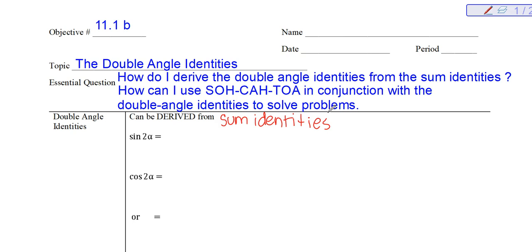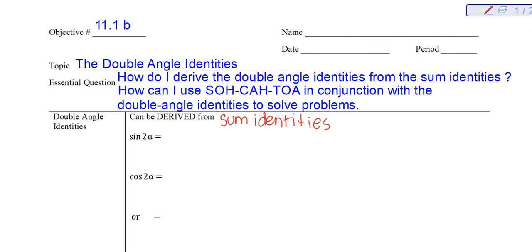But this time the angle that you're talking about is just the angle plus itself, or the angle times 2. So if I was going to say the sine of theta, let's say it's the sine of 60 degrees. Well, the sine of double 60 degrees is the sine of 120 degrees. So you're doubling the angle.